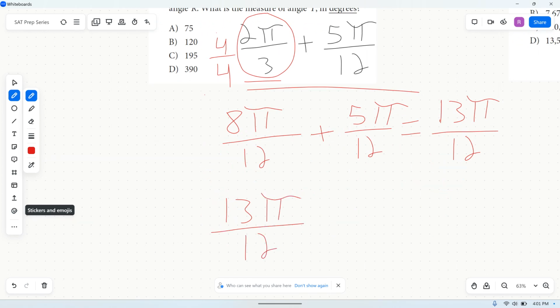Now, if I want to convert from radians to degrees, I should multiply by 180 over pi. And if you're confused about converting between radians and degrees, I think of it like this. Radians are going to have a pi unit in them, while degrees aren't.